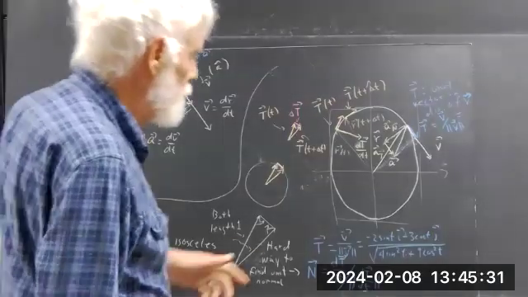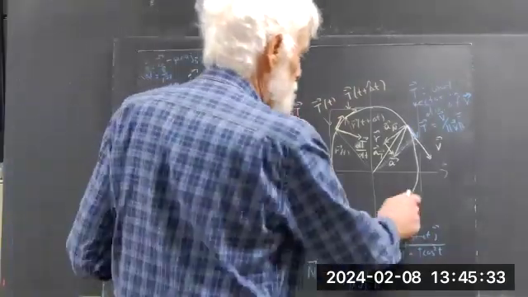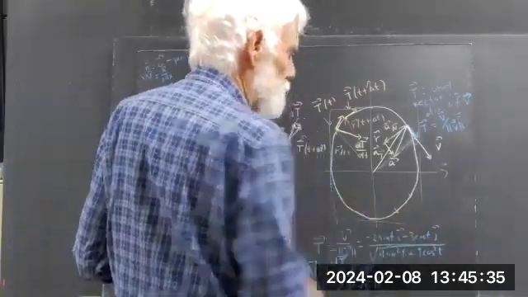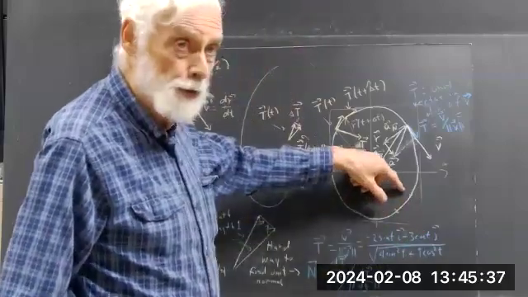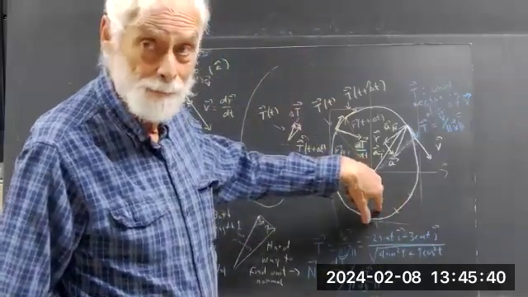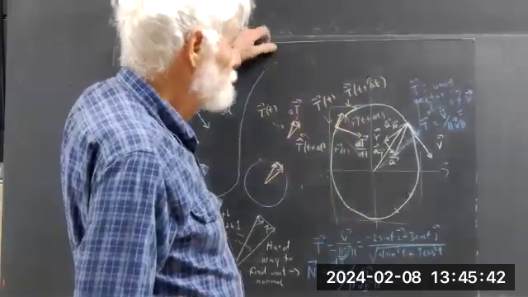If I wanted to find the arc length between, let's say, this point and this point, where I know what t is here and what t is here, what would I do?